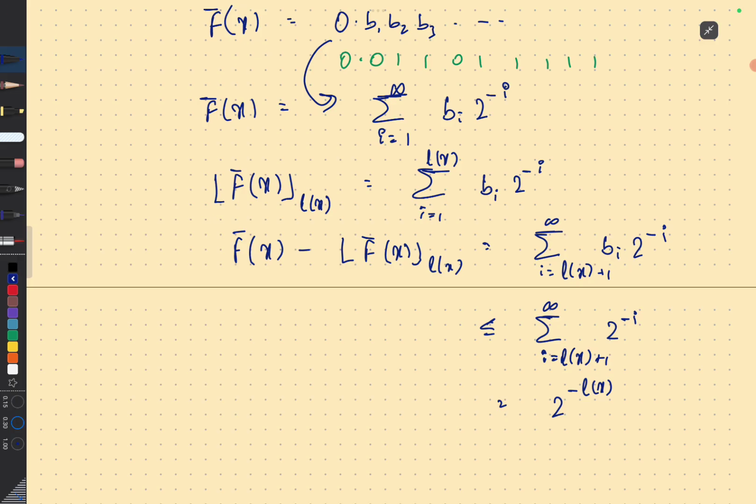I'll have to first compute this f bar of x, which is F of x minus 1 plus P of x.